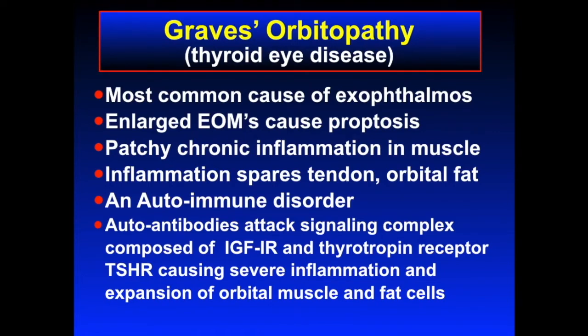One finds patchy chronic inflammation in the muscle that spares the tendon and orbital fat. It's an autoimmune disorder. Autoantibodies are known to attack a signaling complex composed of IGF-IR and thyrotropin receptors, causing severe inflammation and expansion of the orbital muscles and fat cells.